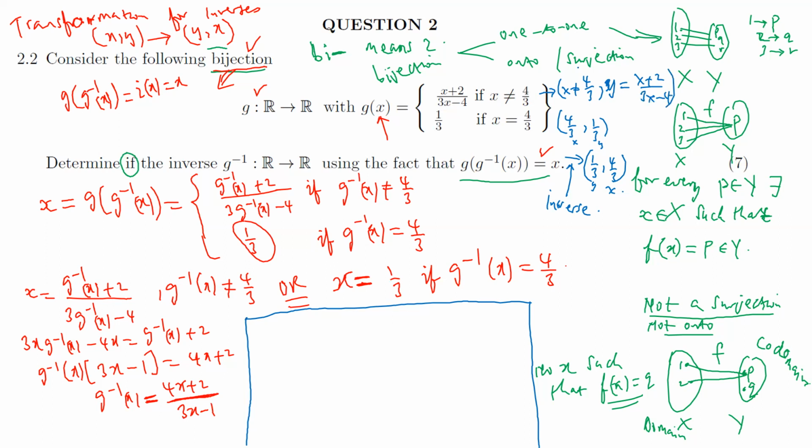Okay, obviously, if you swap these, then you'd have that. So for the inverse, now you'd have the y coming this side and the x coming the other way.